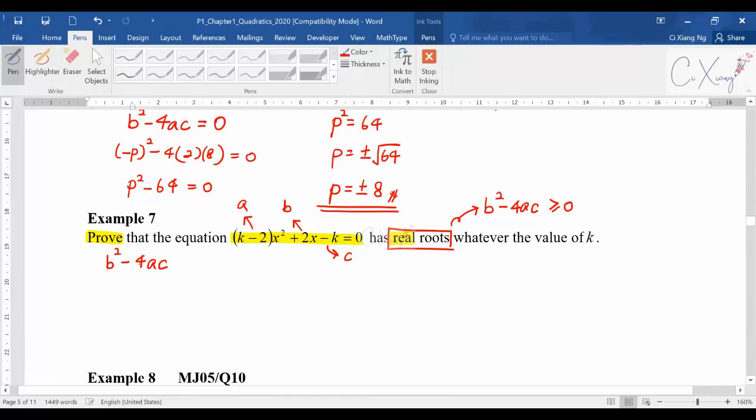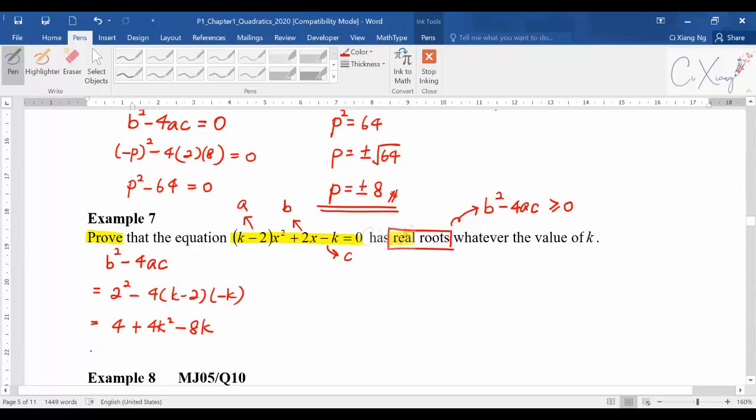So I start from b squared minus 4ac, and what I have is 2 squared minus 4ac. 2 squared is 4, and then plus, multiply and expand all the things here, you have 4k squared, and after that you have negative 8k, if I'm not mistaken.